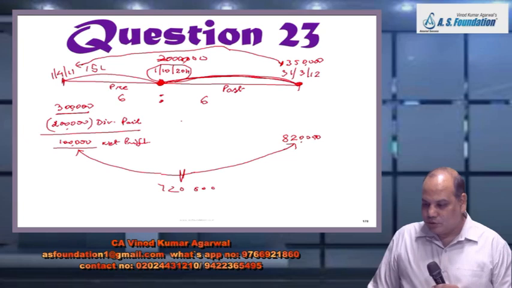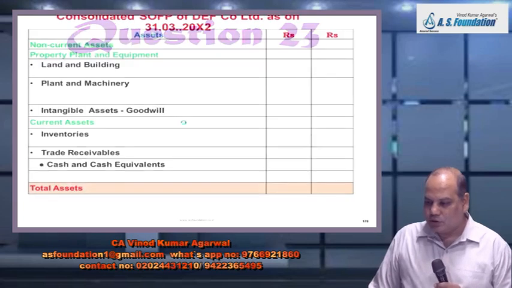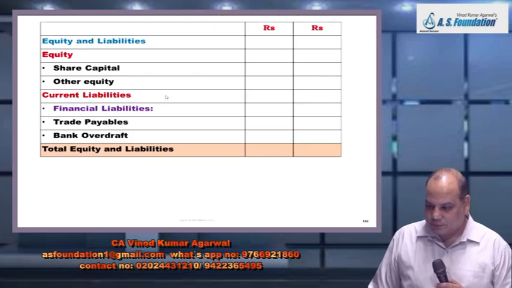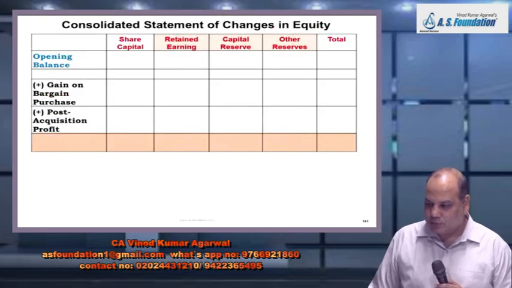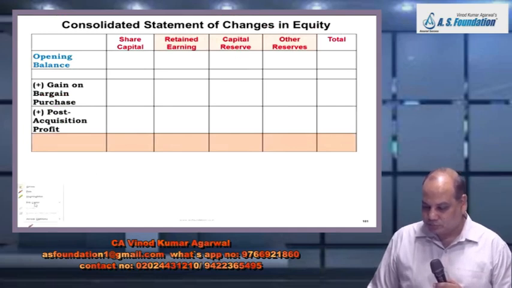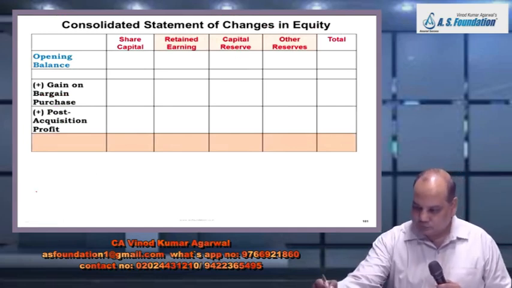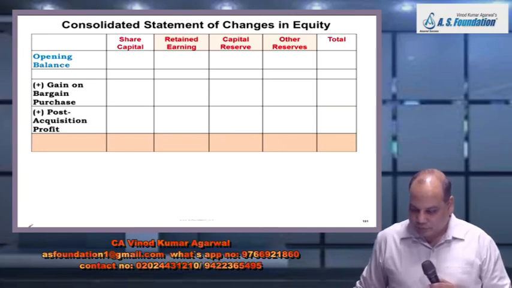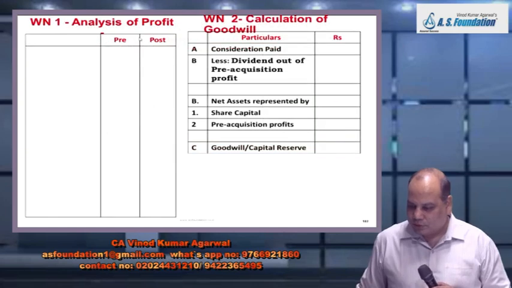Okay. So now first you understand what are the formats you will draw. Main formats: consolidated SOFP as on 31st March 20x2. Then after that you have consolidated statement of changes in equity. Then you have workings: analysis of profit, calculation of goodwill.